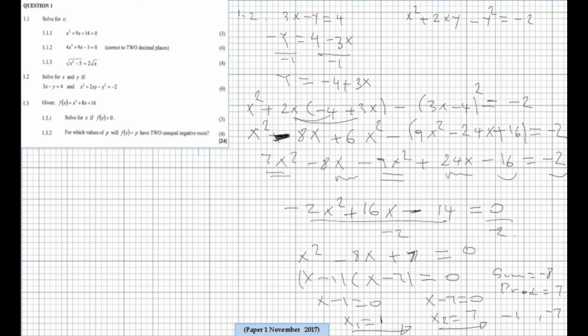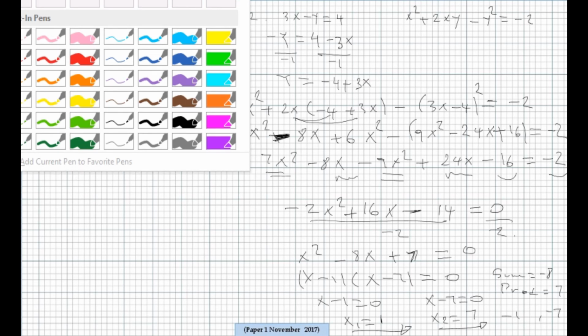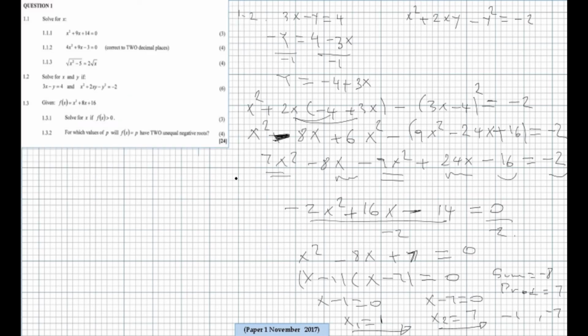So to determine the value of y, I can use the relation that expresses y in terms of x. So this is the equation expressing y in terms of x. So I'm going to say y is equal to negative 4 plus 3x. Since I have two values of x, we have x1 and x2.